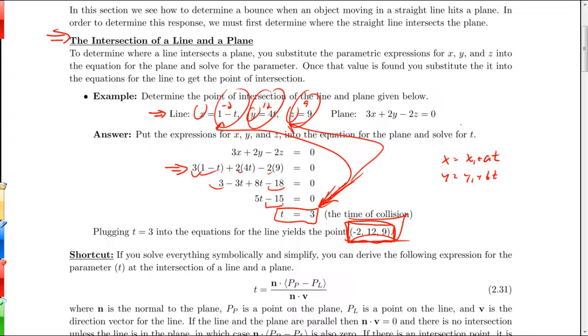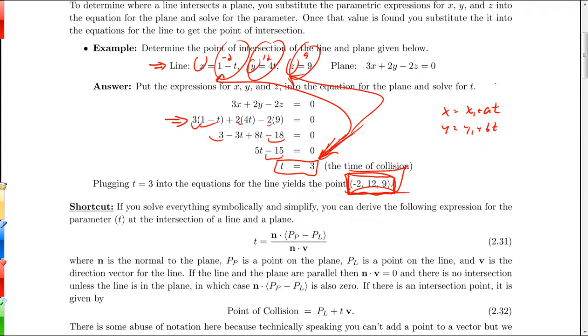You can solve for t, and you get a solution that looks like this, where this p is a point on the plane, this L is some point on the line, this n is the normal vector to the plane, and this v is the direction vector for the line. And this is by no means a shortcut if you're doing it by hand.